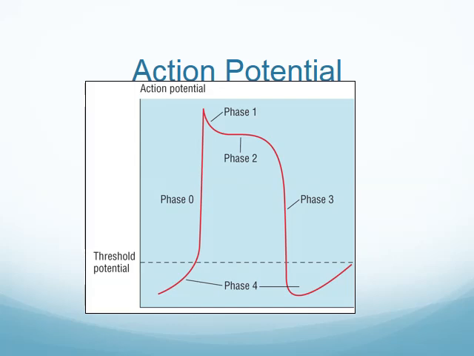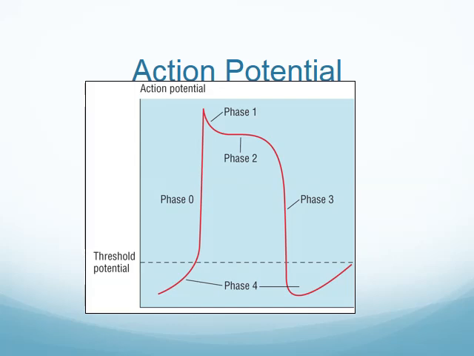Phase 0 is our depolarization phase, where sodium massively enters the pacemaker cell and causes our electrical stimulus to occur. We peak out at phase 1, and at phase 1 we have a slow potassium outflux, which is our attempt of returning to homeostasis or getting back to our baseline.